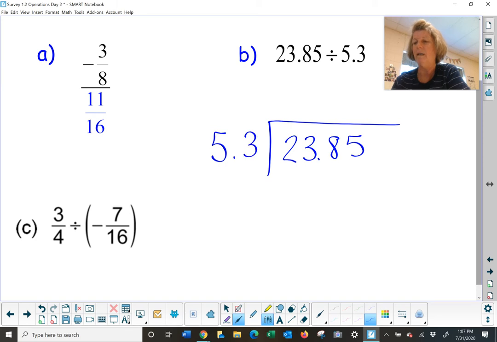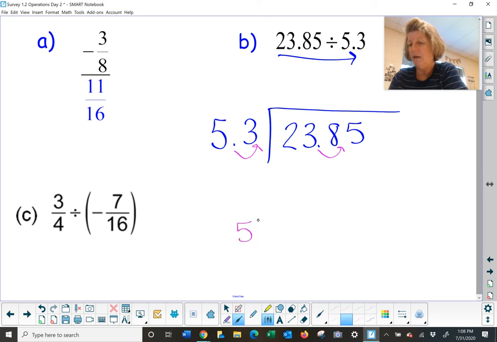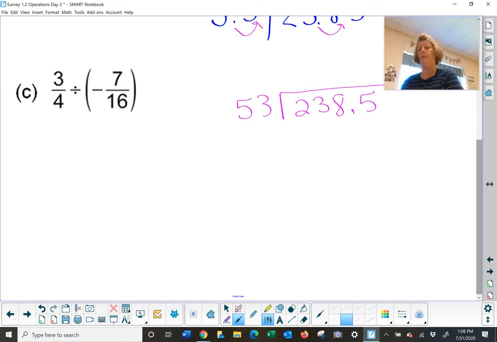So if you read it from left to right, it should help you set it up correctly. Now, I'm going to multiply by 10 so that I have a full number on the outside. And if I multiply both of them by 10, I'm now talking 53 divides into 238.5. So that's where I'm going to start.